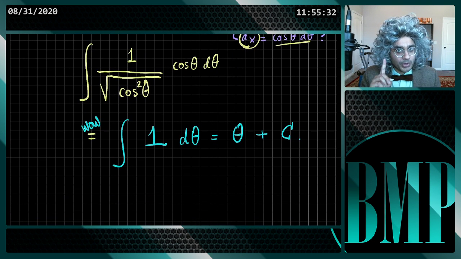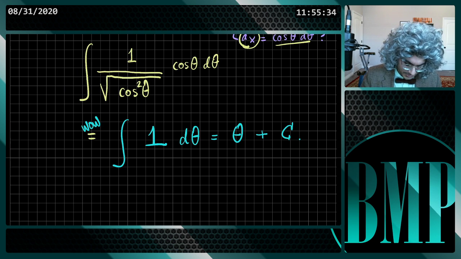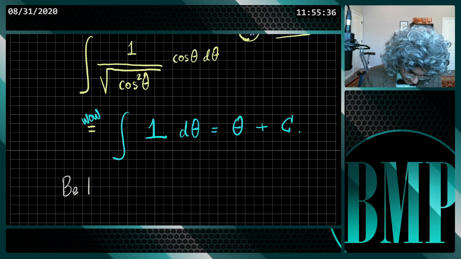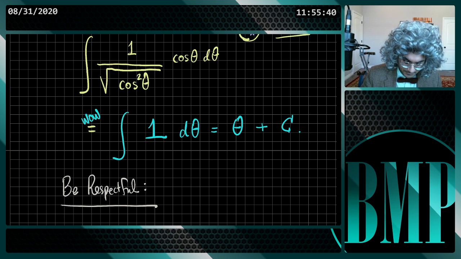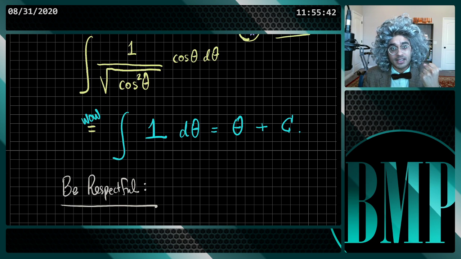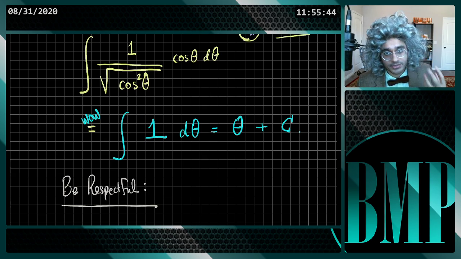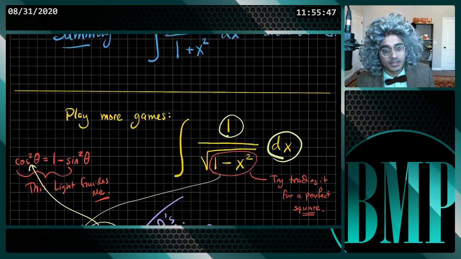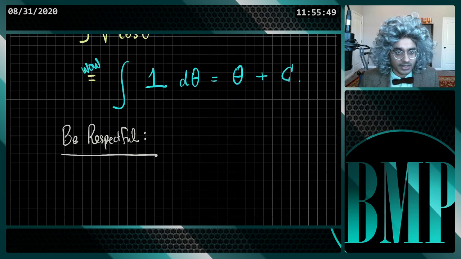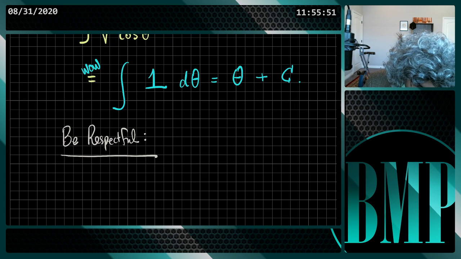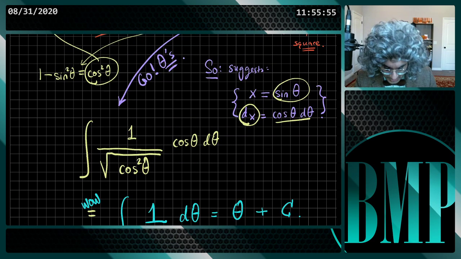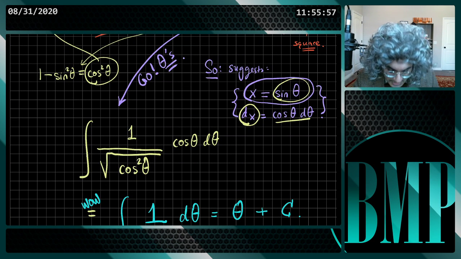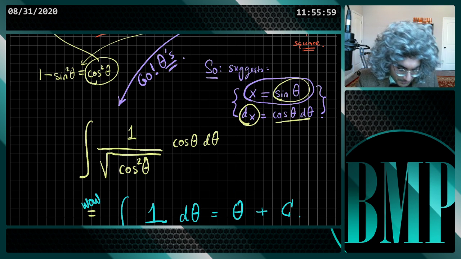But remember the principle of respect. Be respectful. Translate it back into the variable that they gave you the situation in. So that's great. So now, is it going to be arctan? No, because it's a different problem, folks.